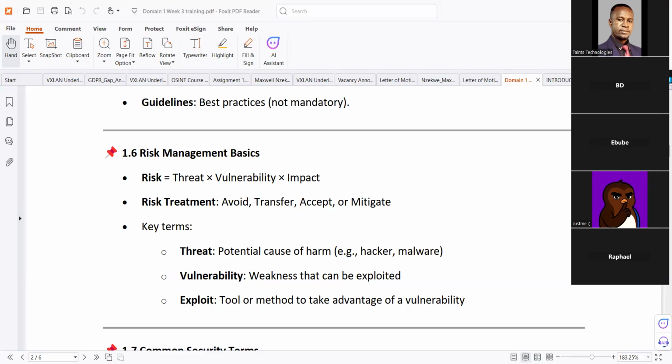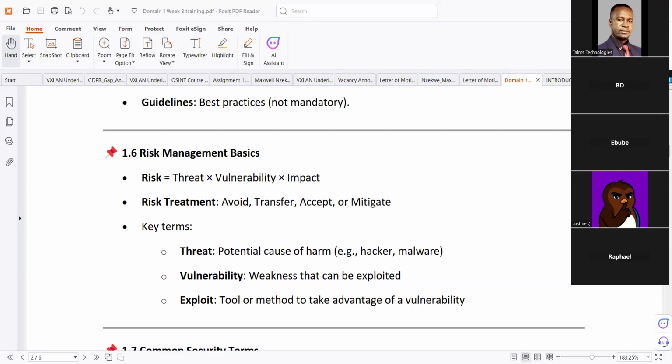Okay. All right. So when you talk about cybersecurity risk, you are referring to the potential for loss of data, damage of data, disruption of operations, or even loss of digital assets due to cyber threats. These are risks, right?